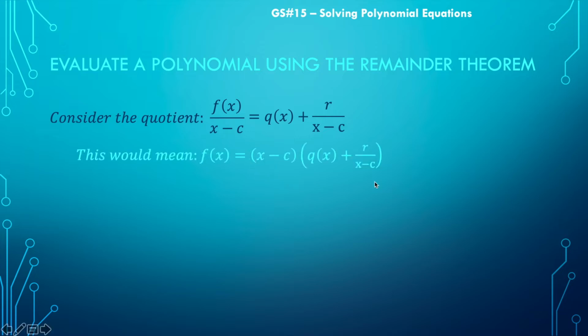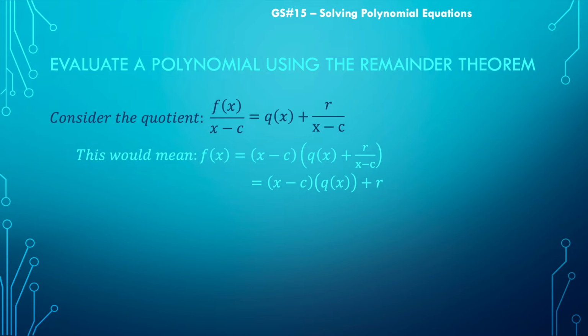I have two things within this big set of parentheses and then this x minus c. I am going to distribute this x minus c times the q of x and times this r divided by x minus c, and that will give me x minus c times q of x plus just that remainder, the r part.